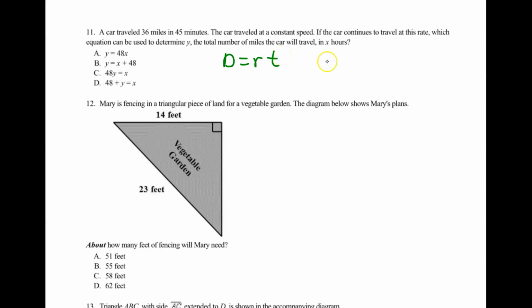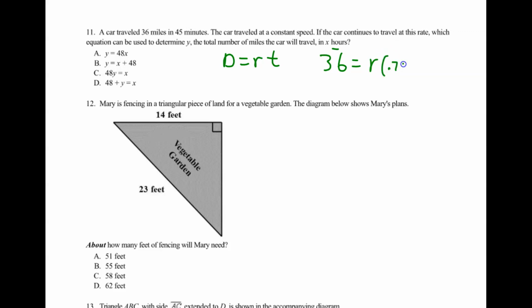So they're telling you it traveled 36 miles, okay, in 45 minutes. But it's talking about hours right here. So we got to convert the minutes to hours. So the rate we don't know. If you convert 45 minutes to hours, 45 minutes is 3/4 of an hour.